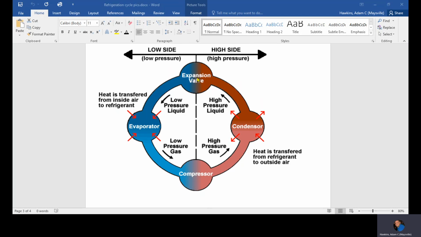It's going to take in that liquid refrigerant and restrict it through a little tiny opening where it sprays out. That spraying out is what a lot of people call flashing or flash gas, where it is giving up some of its liquid properties and becoming more of a mist. We said when it comes into the evaporator, it's a mist.